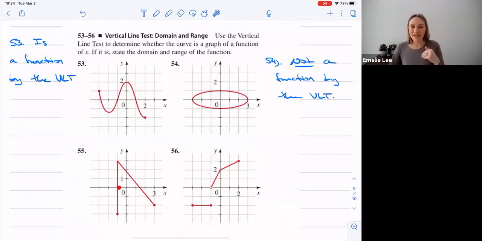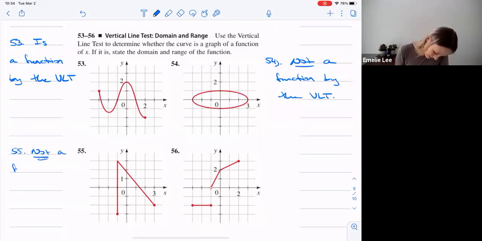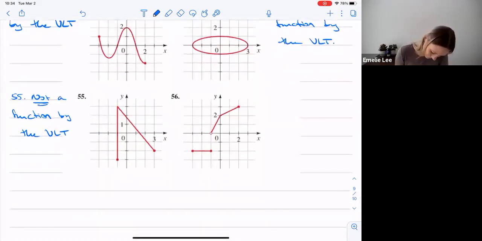And so y can take on any value from, it looks like, -3 up until +3. So it's not a function, right? And so here, 55 is not a function by the vertical line test, right?